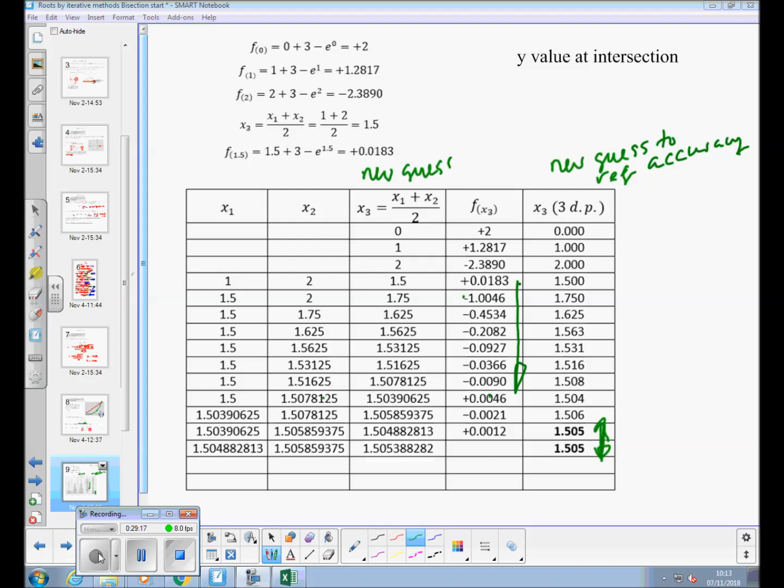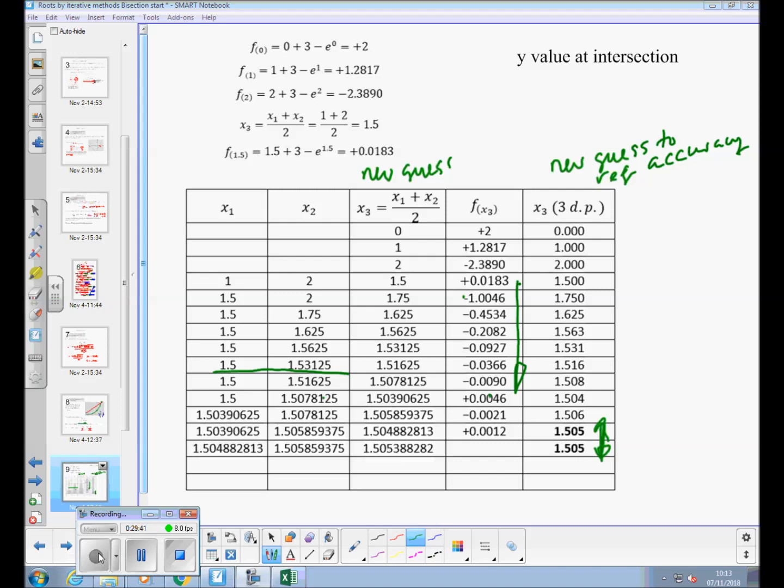How many iterations have we had from the start? We started off on this problem here. We've done the first one. Find the second guess at 1.5.